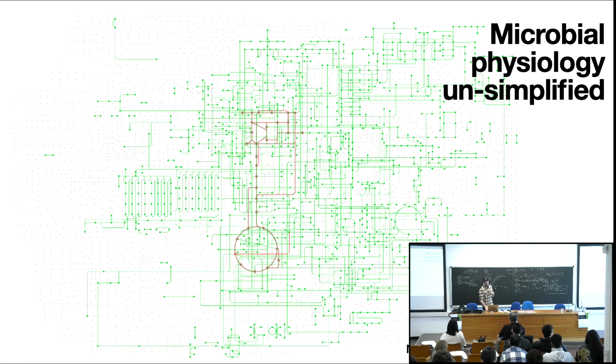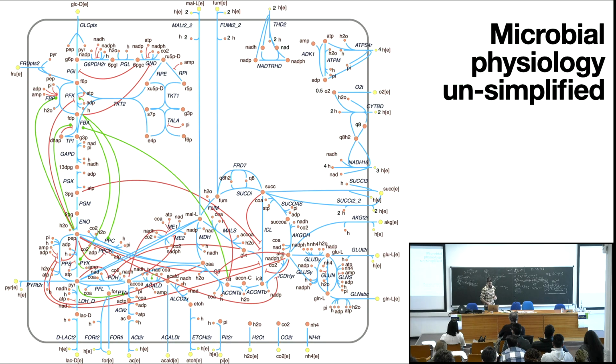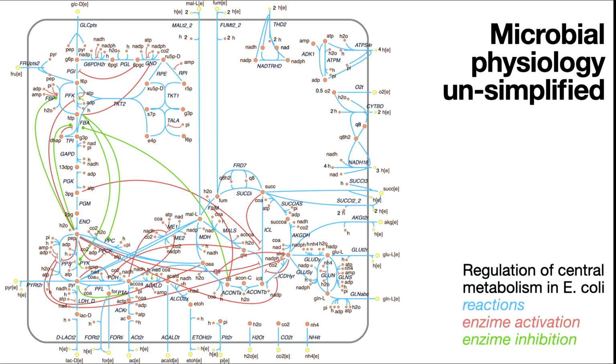Now, the one in red is what is called central metabolism, and you can zoom in, right? This is sort of a part of the metabolism. If you zoom in, this is the regulation of the central metabolism. The ones in yellow are molecules that a cell can transform.